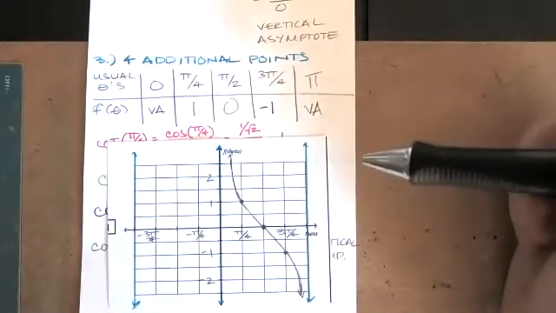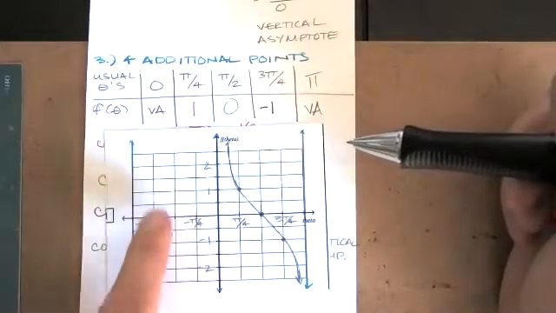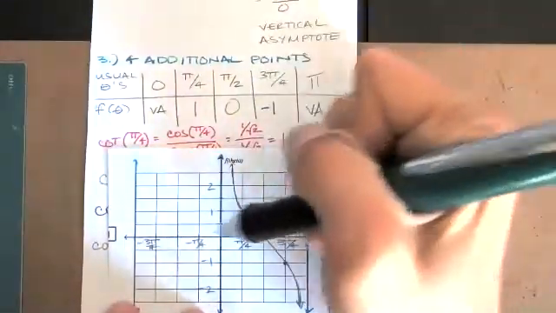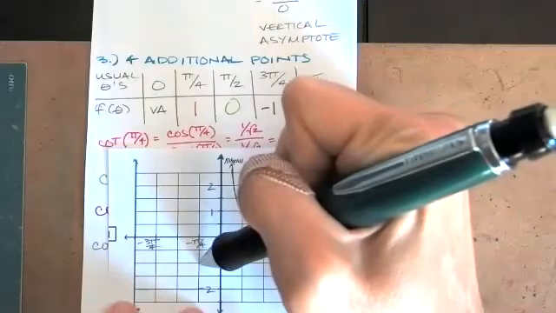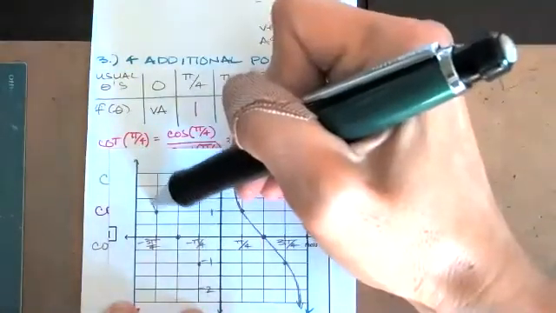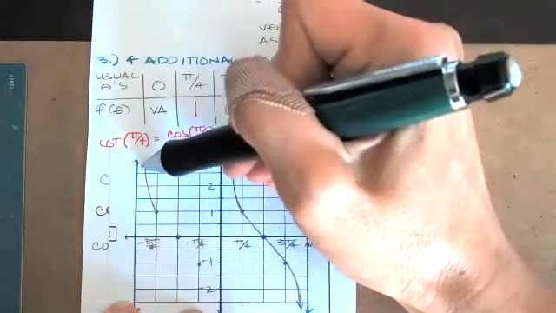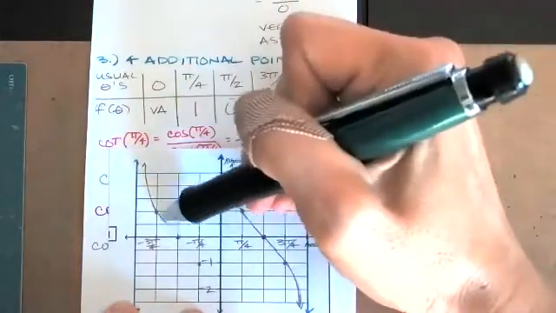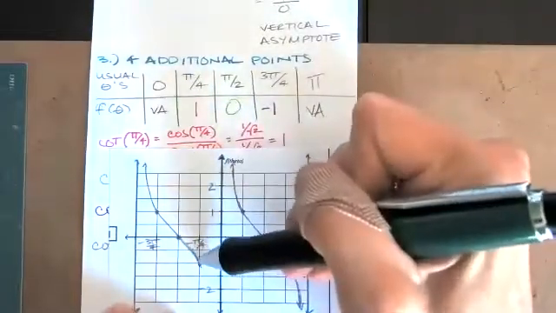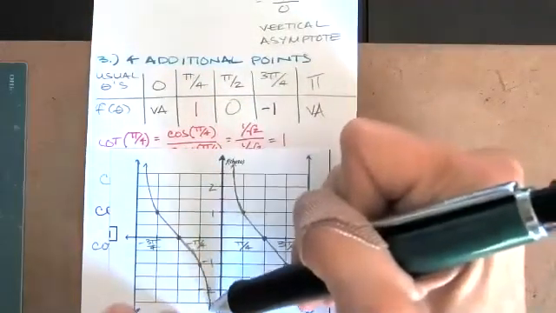So I can repeat this pattern in this space here to the left of the origin. So this one should be here. We have a point here, and we have a point here. So again, going this way and connecting with a smooth curve here, and then approaching the asymptote over here.